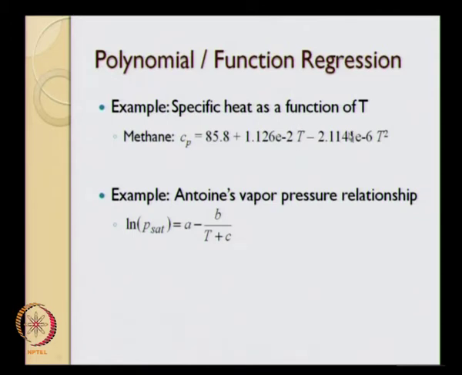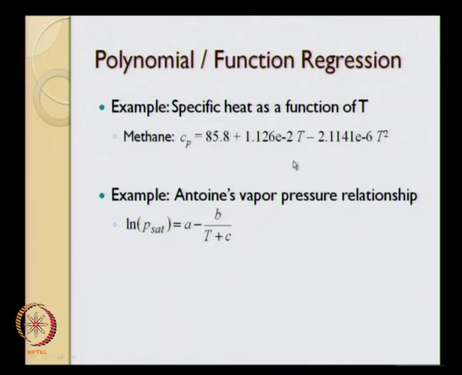An example of a multivariable case is to find the specific heat as a function of temperature. If you go to NASA's website, there is a NASA polynomial form of specific heats of several gases, and this has been taken from that particular NASA polynomial fit. The constant pressure specific heat of methane is given by this quadratic function: A0 plus A1T plus A2T square, where A0 is 85.8, and so on.